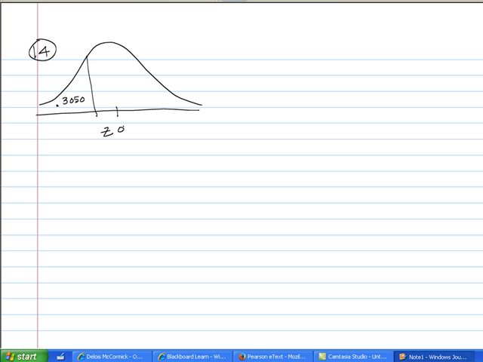Okay, and in 16, this time our area is to the right, and we have 0.2061. So I need 1 minus 0.2061.